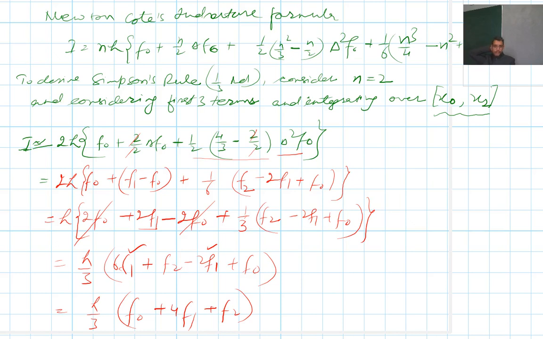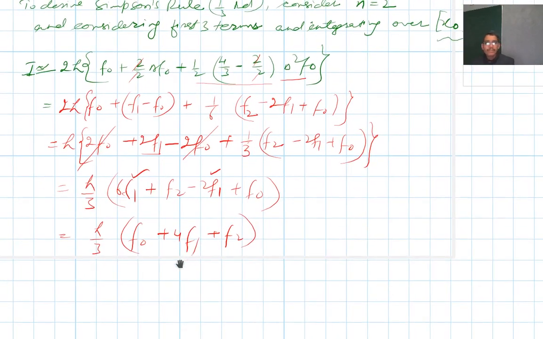So let us call it I1, and it is nearly equal to the integral of f of x dx from x naught to x2, right? So this is the integral we have determined from x naught to x2 in a very small region.